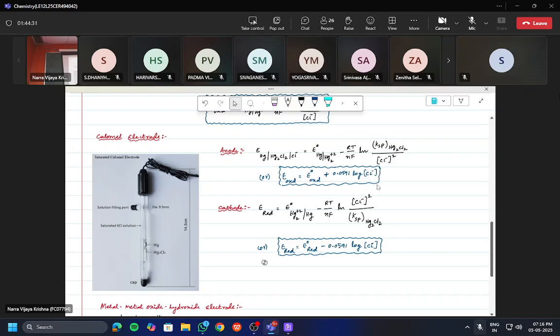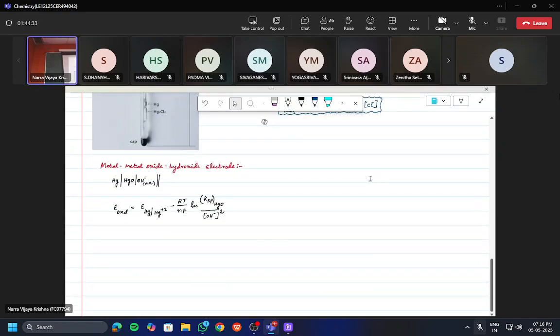Now, the metal one. Here the same equation, I am writing it as E oxidation equal to E naught oxidation minus RT by 2F, and here it is OH minus square. Then it becomes plus.